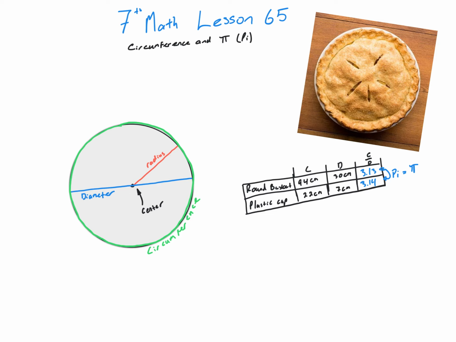And so, cool little thing here. So we know that the circumference divided by diameter is equal to pi.